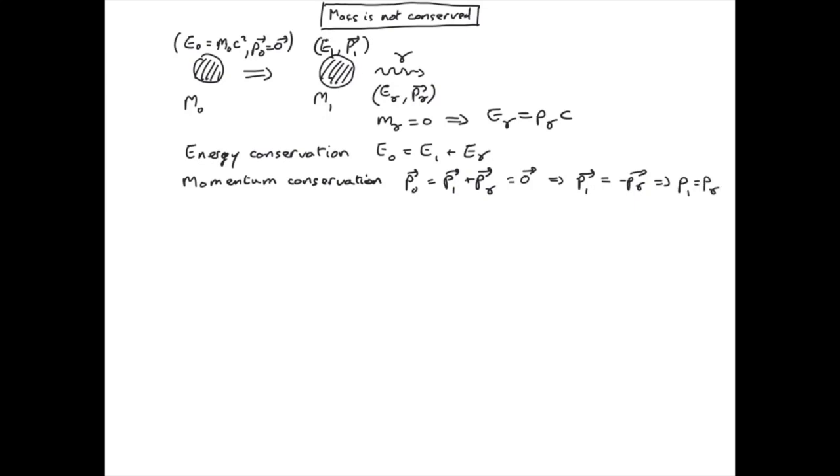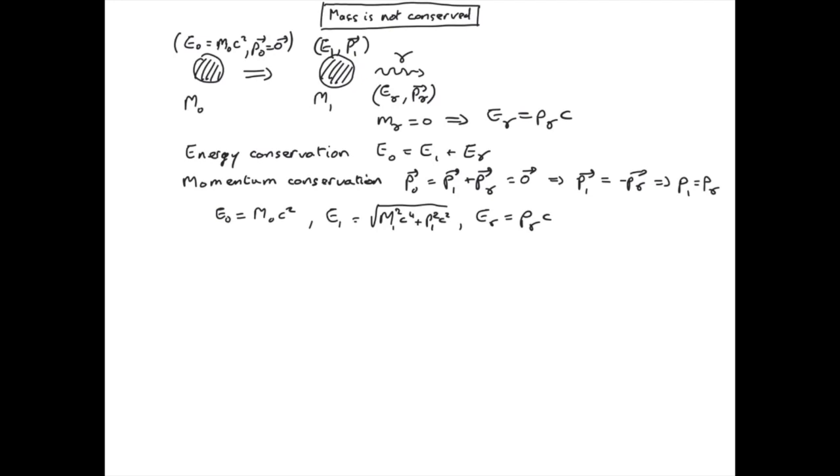Now for the energy, we have E0 equal m0 c squared, and E1 is equal to the square root of m1 squared c to the fourth plus p1 squared c squared. And we have the energy of the gamma, which is just p gamma times c.